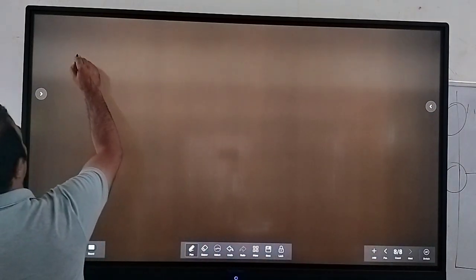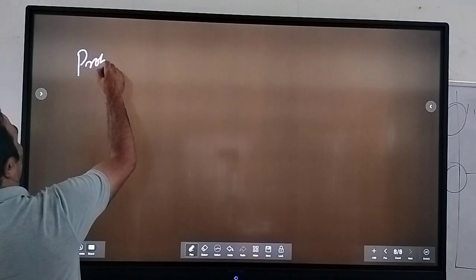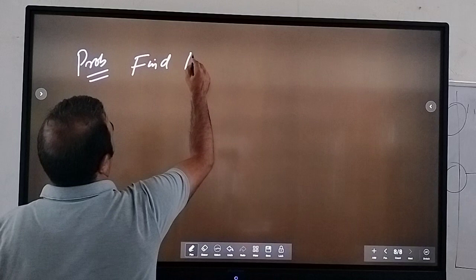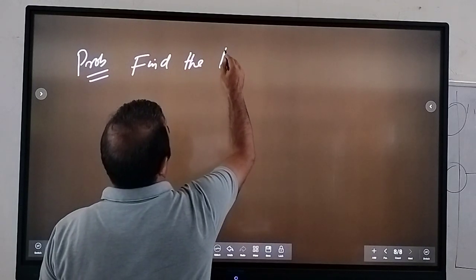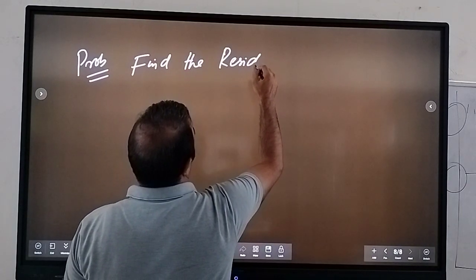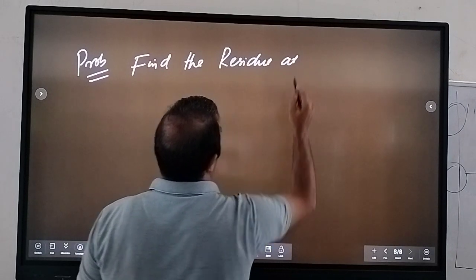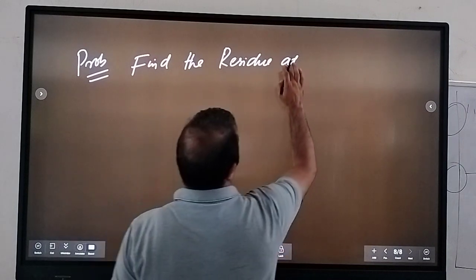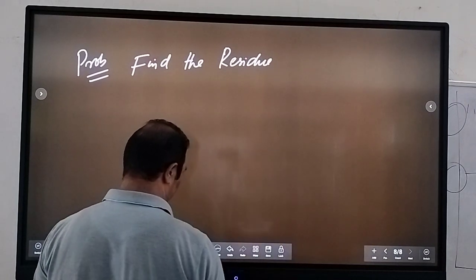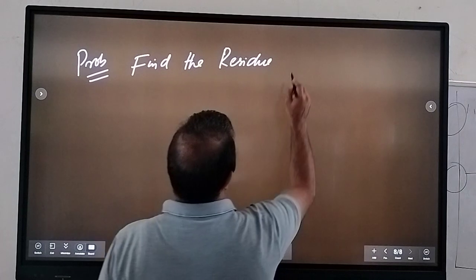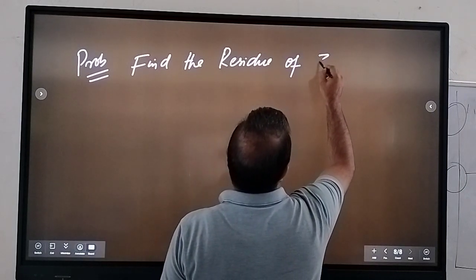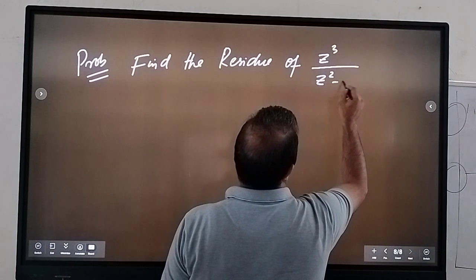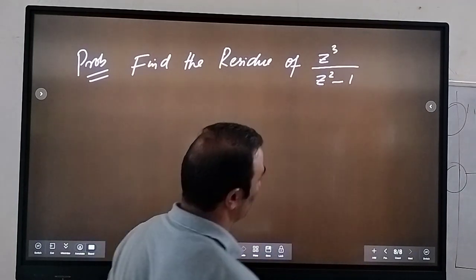Okay, so suppose we have one more problem: you need to find the residue of this function, z cube upon z square minus 1, at z equal to infinity.